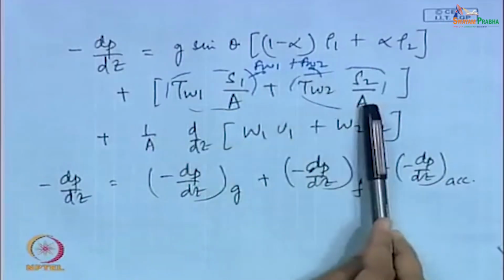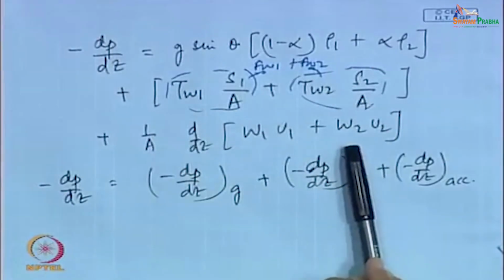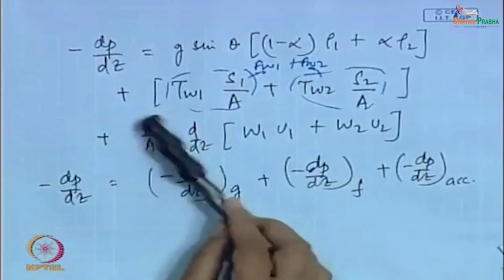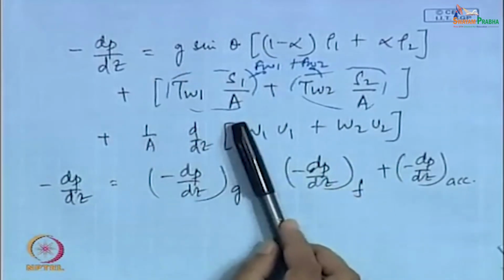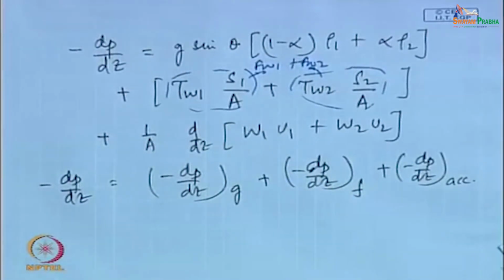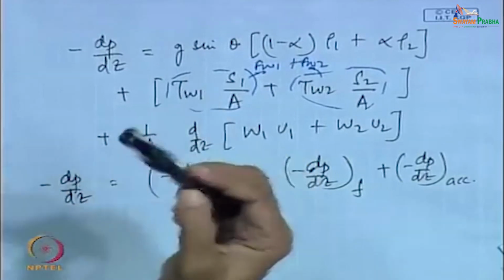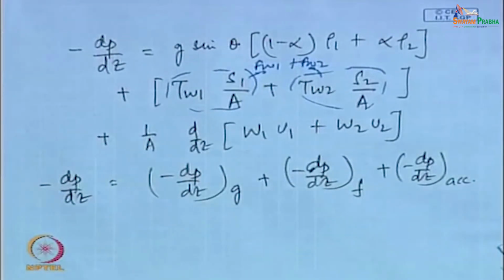What we got was a typical momentum balance equation for two phases considered separately, comprising the gravitational pressure gradient, the frictional pressure gradient, and the acceleration pressure gradient. Remember, in the final expression there is no tau I, because the two tau I's cancel out, fluid 2 on fluid 1, fluid 1 on fluid 2.